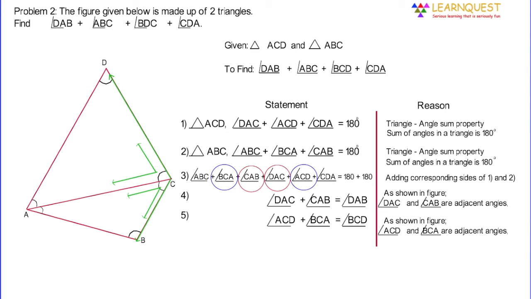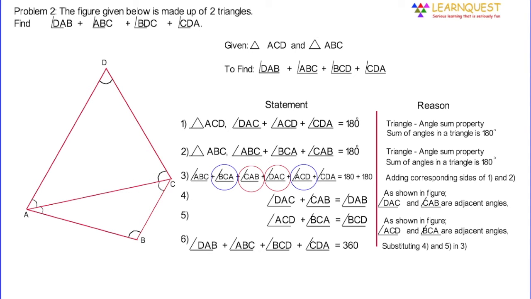Now let us substitute these values in statement number 3 and rewrite it. So this will be angle DAB, which is written in place of angle DAC plus CAB, plus angle ABC, plus angle BCD, which is written in place of angle ACD and angle BCA, plus angle CDA.